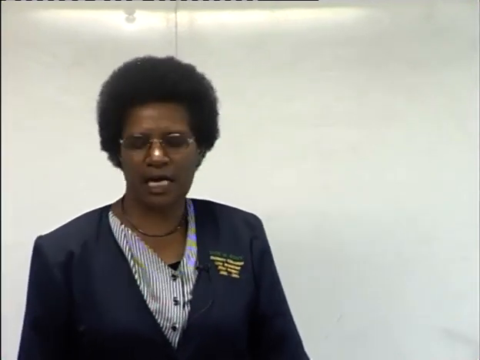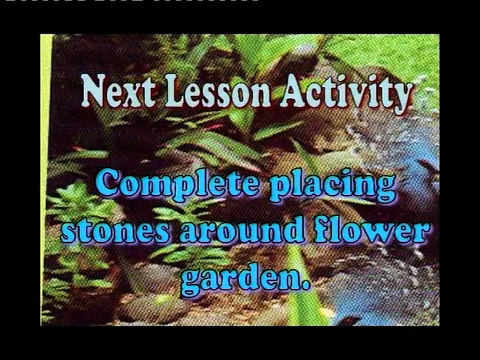Now our next lesson activity, we will be completing placing of stones around the flower garden, and that completes our project on the water improvement of the waterlogged area. That is going to be our next lesson.